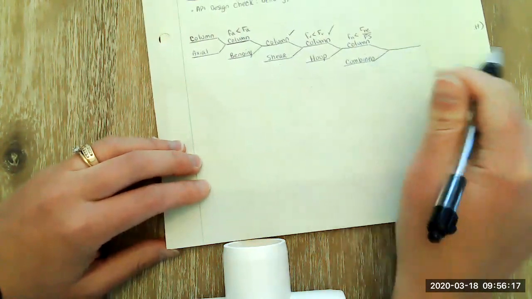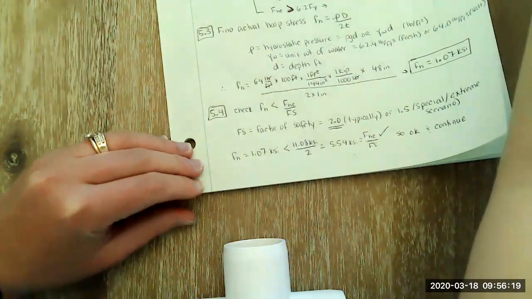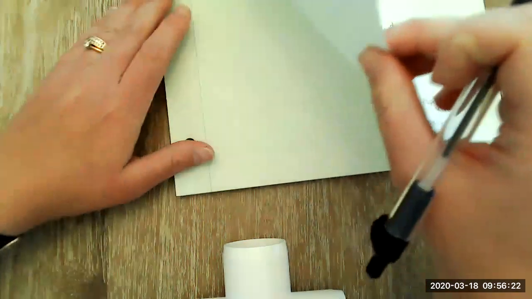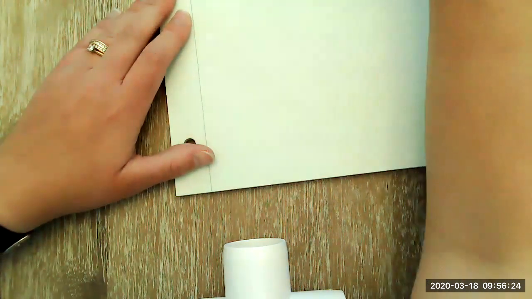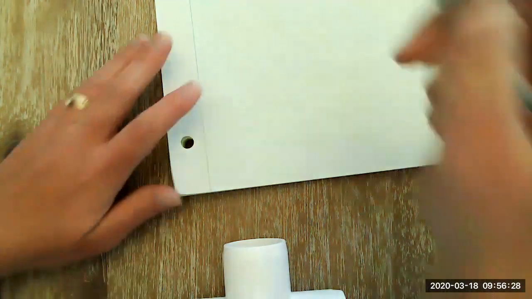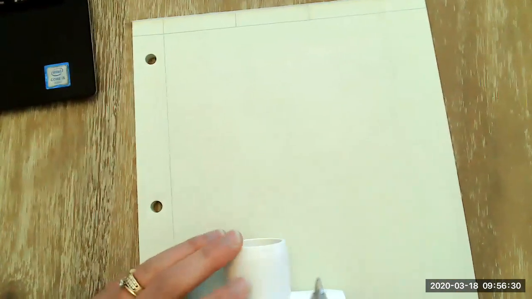The very last thing we have is our combined stress check. Let's go ahead and finish up this problem. The very last thing we need to do is step 6, our combined stress check.